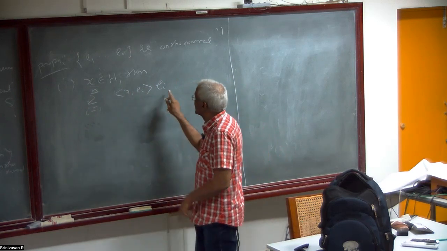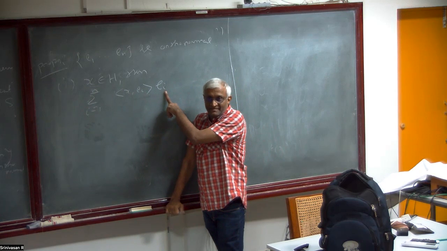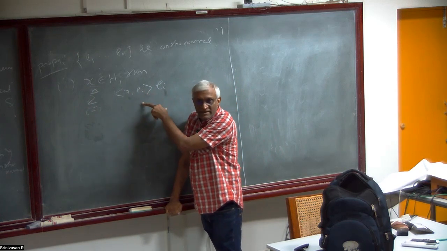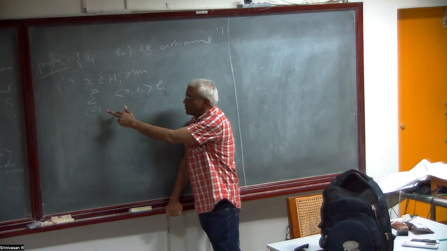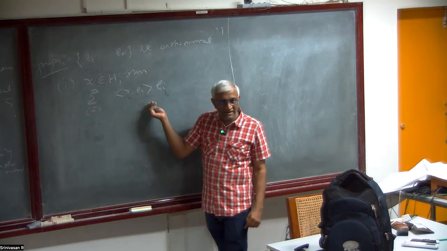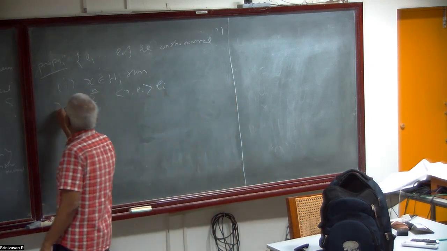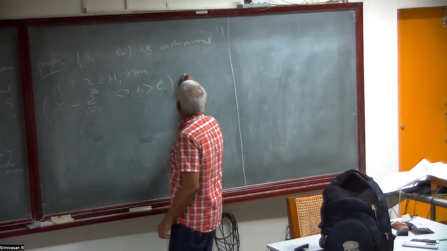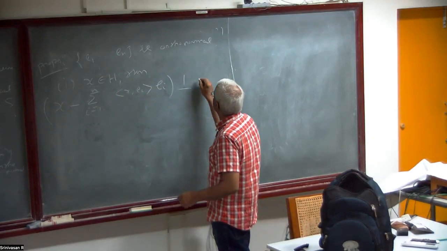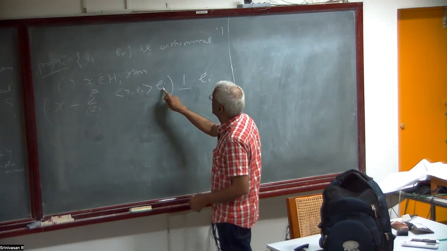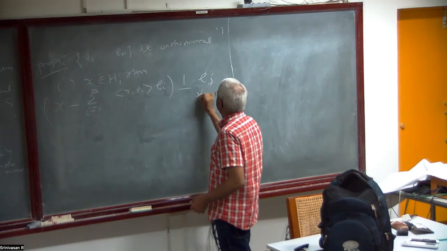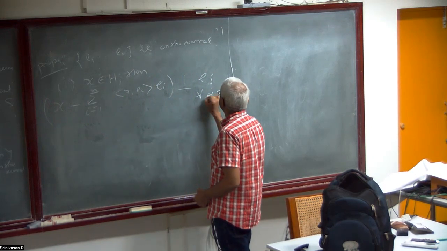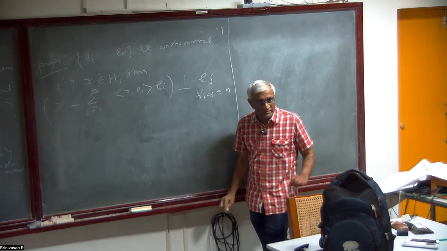It's a linear combination of these Ei. The Ei are vectors. You are adding these vectors, so this is a vector in H. Now I take X minus this. So this is a vector. This vector is orthogonal to Ej for all j. This is the statement.